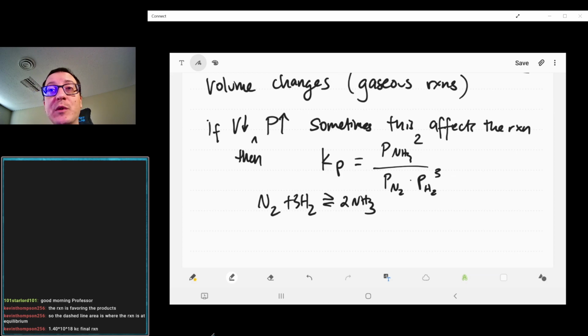Since the pressure would go up by the same amount for each gas, so let's say our volume was 1 or something. We made it now half of a liter. If we halve the volume, we double the pressure. If we double the pressure, that's going to double the partial pressure of all of these components. As a result, let's say we do that.